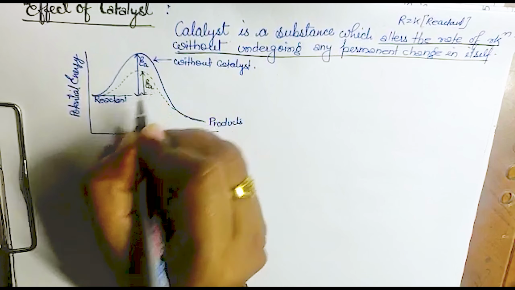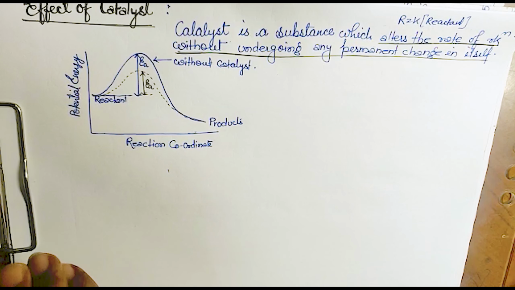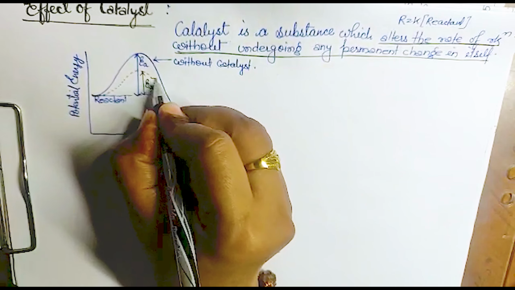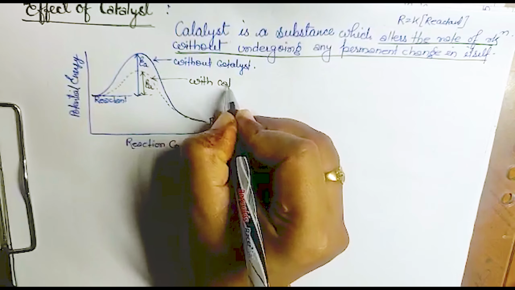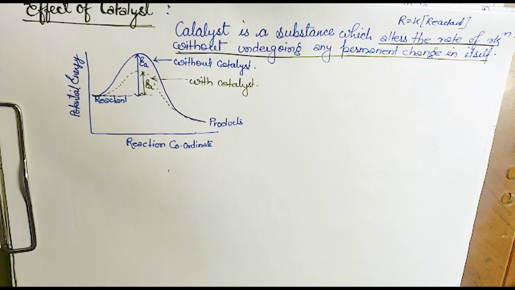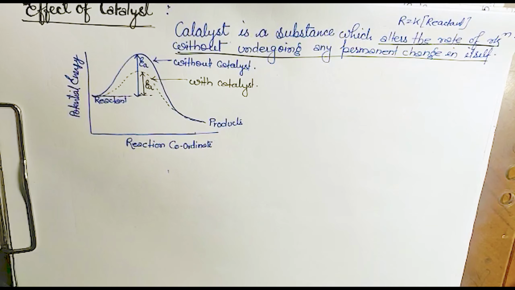So basically, what does the catalyst do? Catalyst decreases the activation energy, and hence it increases the rate of reaction. This is the path with catalyst. According to the Arrhenius equation also, we know that the lesser the activation energy, the faster the rate of reaction.